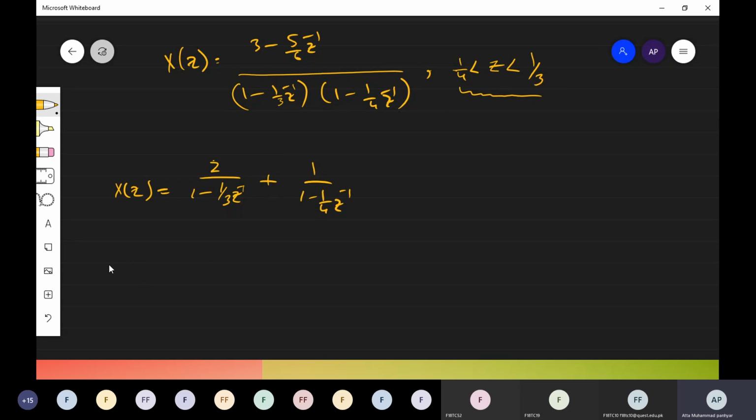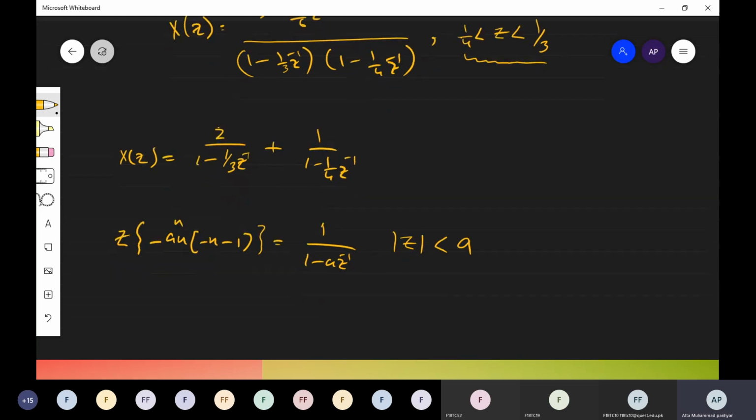Now you remember that for example, if we have a sequence, the z transform of minus a^n u[-n-1] is again equal to 1 upon 1 minus a z^-1, but this time |z| is less than a, right?